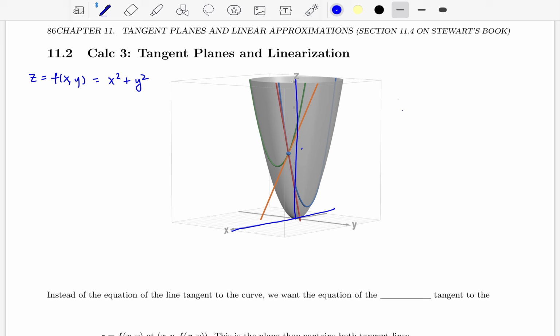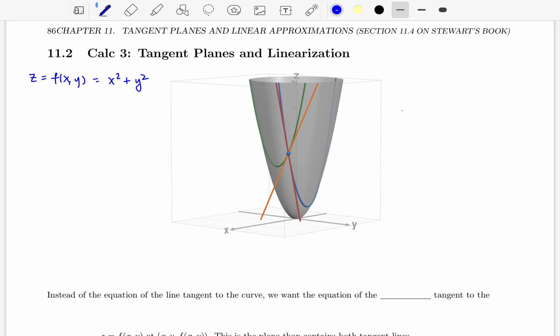So we're going to be looking at the plane that we construct by taking the two tangent lines. So then this is the equation that we want. We want to find the plane that contains both of those tangent lines. And I'll show you what it looks like after I define a couple more things, okay?